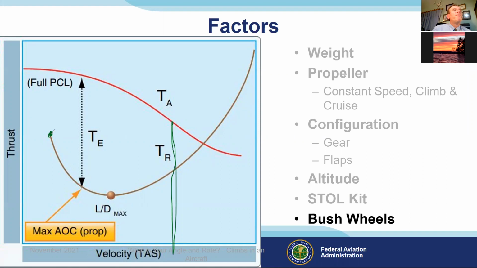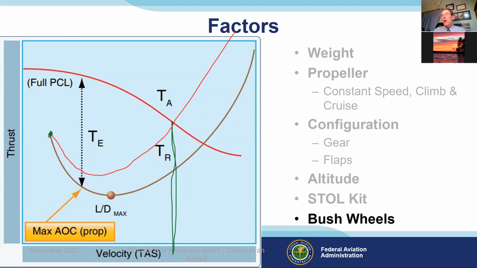Those are big-time parasite drag gears. You're going to look at something like this down here at your lower end. It's not going to be as significant an impact on your angle of climb, but it will probably change your top end speed quite a bit, and it probably will shift it to a little bit slower speed.